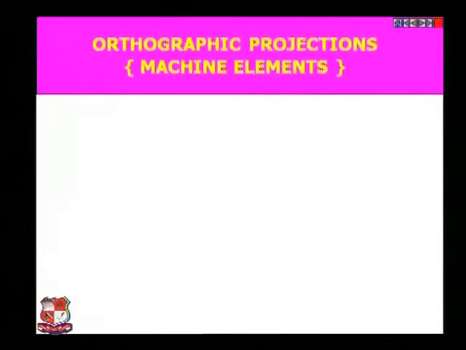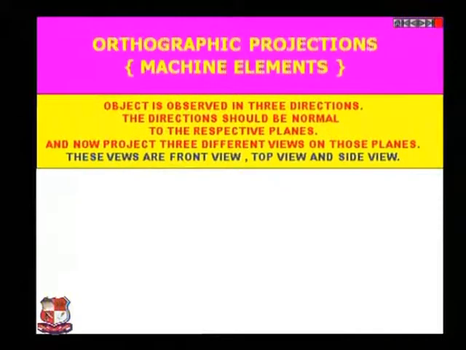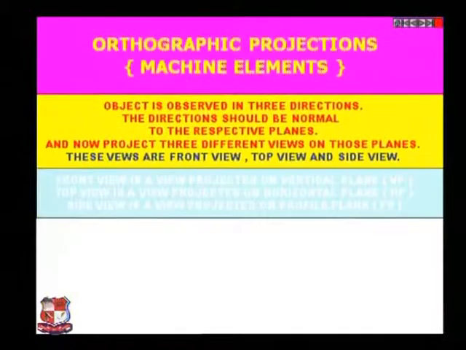Now about orthographic projections and machine elements. The object is observed in three directions. The directions should be normal to the respective planes, and now project three different views on those planes. These views are front view, top view, and side view.